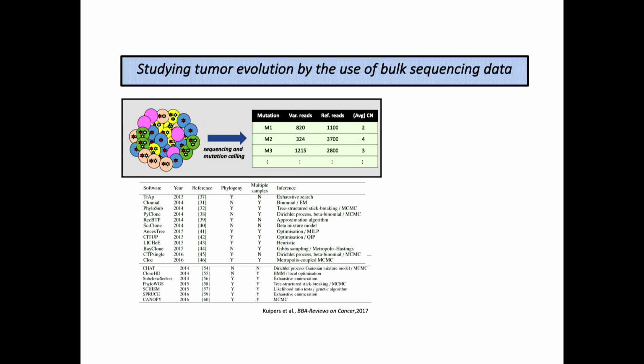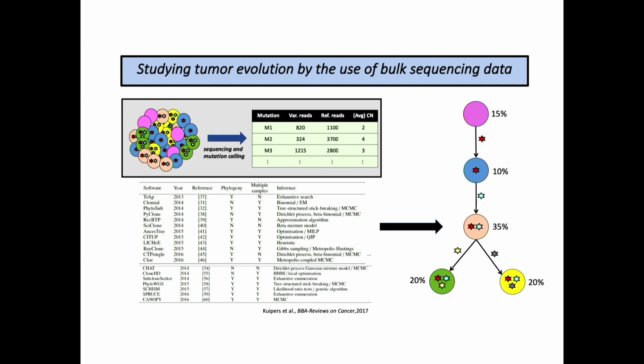Two of them happen to be from my lab, in particular SITAP here, which focuses on multiple samples obtained from a single patient. It could be spatially distinct or temporally distinct. Or CTP single focuses on a single sample with relatively low coverage, which is necessitated by the reality that we face in a clinical setting, where obviously the cost is a big issue.